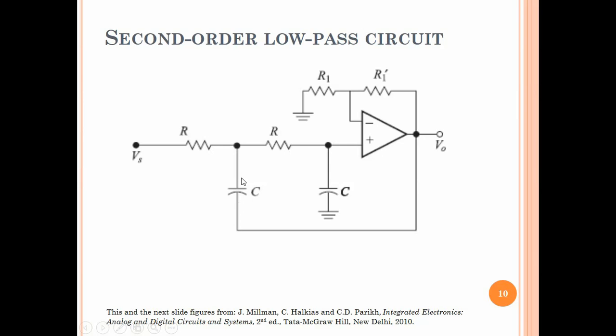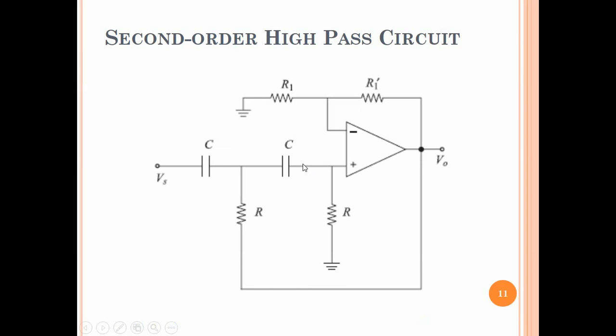If you want to convert this to a high pass circuit, one interchanges these R's and C's. All right, so in this circuit the R's and C's are interchanged, everything else remains the same. This becomes a second order high pass circuit.